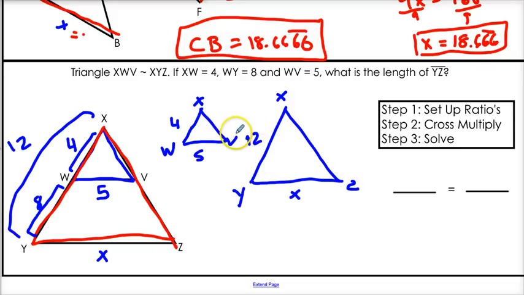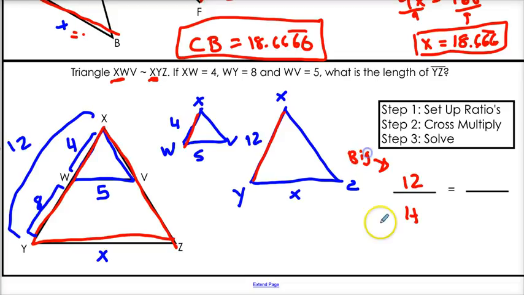And now we can set up our ratios. If I'm solving for X, I know that XY corresponds to XW. So that's 12 is to 4. I'm putting my bigger triangle on top, and it might help if you label.